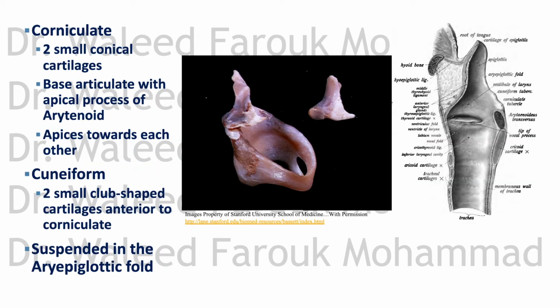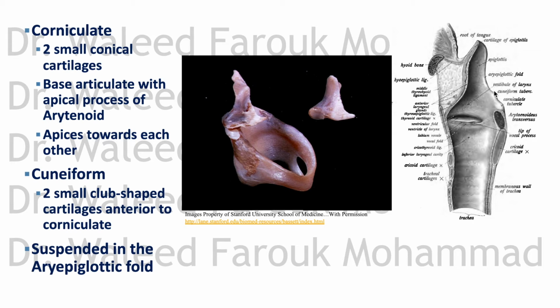Okay. What else? We have four other cartilages, two on each side. They are very small, club-shaped or conical in shape, and they are not apparent on the outside because they are enclosed in mucosal folds, which is the epiglottic fold. This one, see?